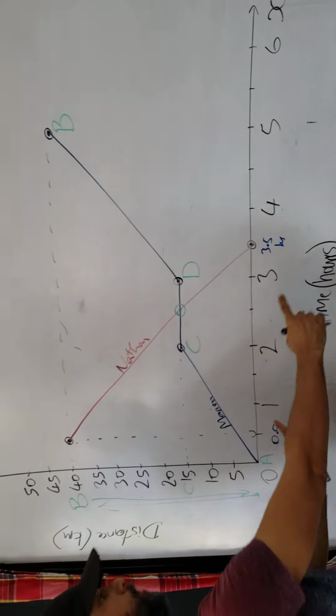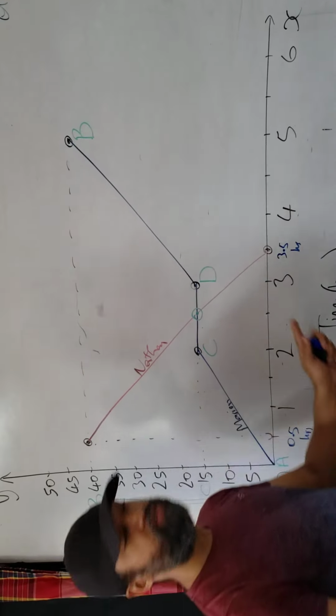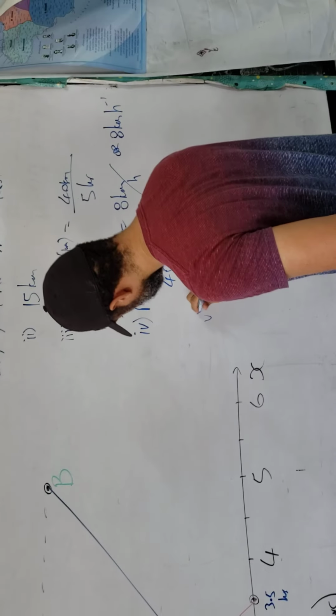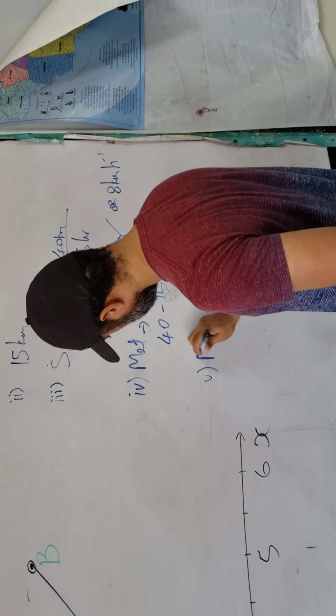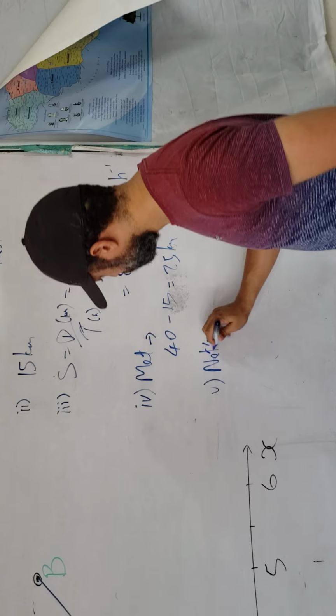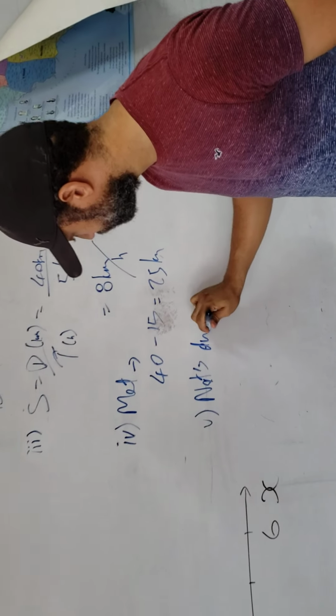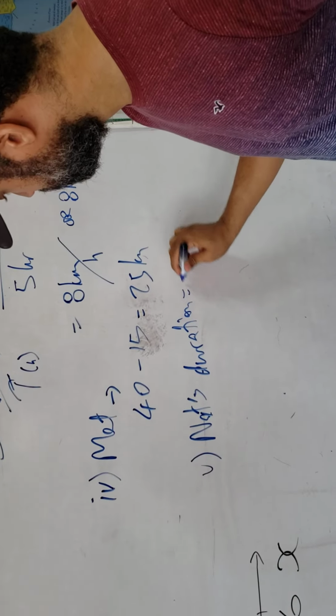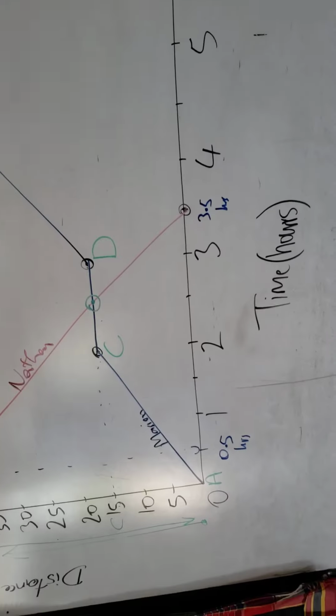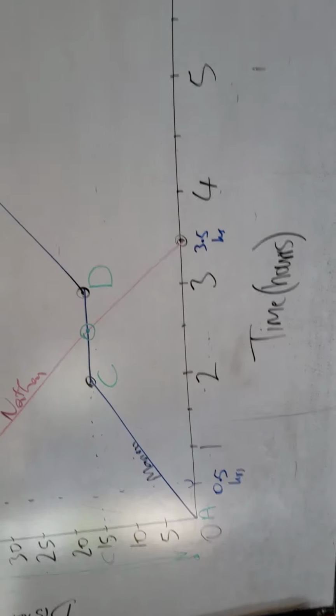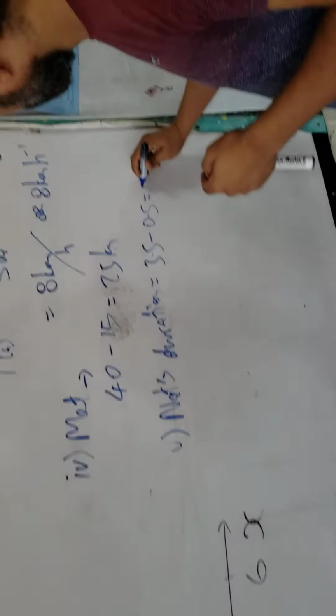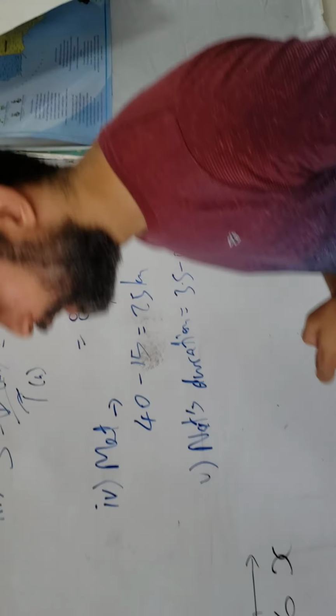So the duration is 3.5 minus 0.5, which is 3. Nathan's duration is equal to 3.5 minus 0.5 equals 3 hours.